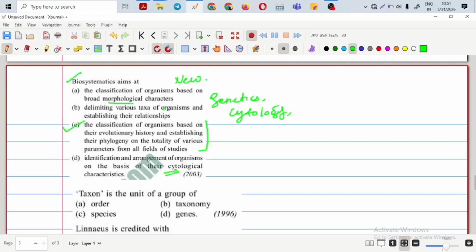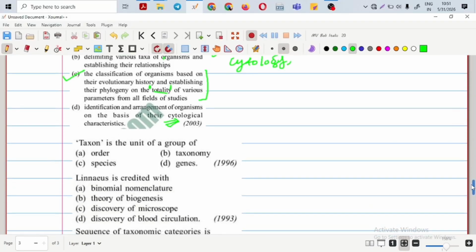It is not only cytology, genetics is involved, then biochemistry is involved, physiology is involved. So that is why classification of organism based on evolutionary history, establishing their phylogeny, evolutionary relationships, totality of various parameters from all fields of studies. That is important. That is why that answer is correct.